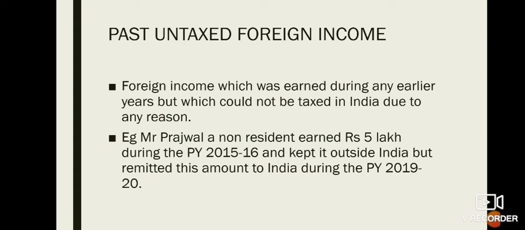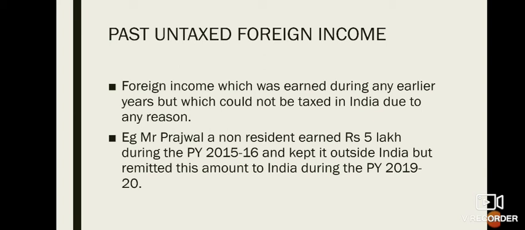The example for this is Mr. Prajwal, a non-resident, who earned rupees 5 lakh during the previous year 2015-16 and kept it outside India but remitted this amount to India during the previous year 2019-20. Remitting is just transferring. Here we are not receiving any income. It was just remitted. And basically it is past untaxed foreign income.